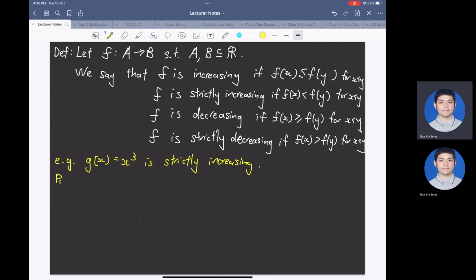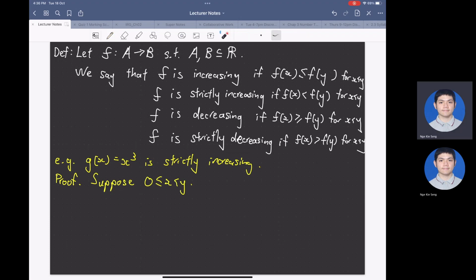So we want to prove. Actually, we prove by cases. Proof by cases is easier. We split this graph into 0 to positive infinity and 0 to negative infinity. So suppose y is greater than x. Okay.